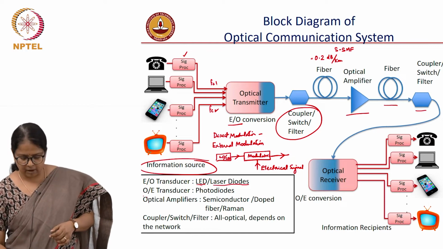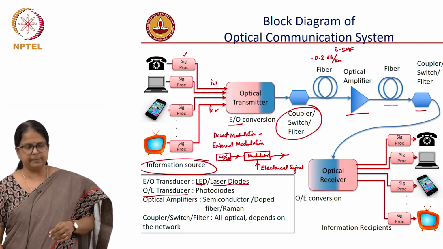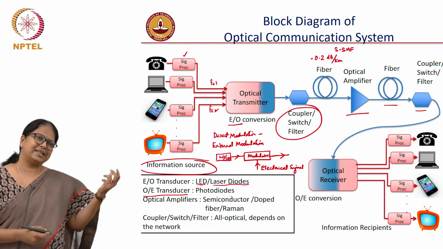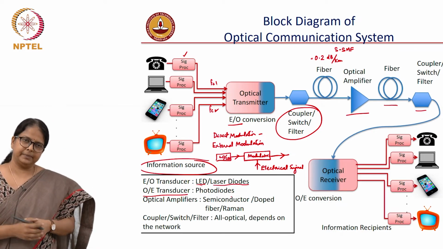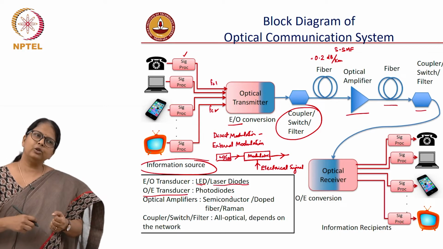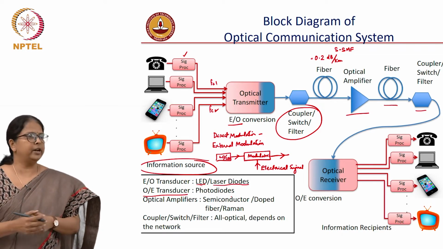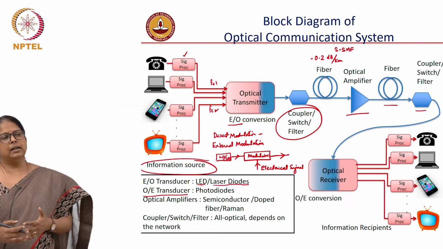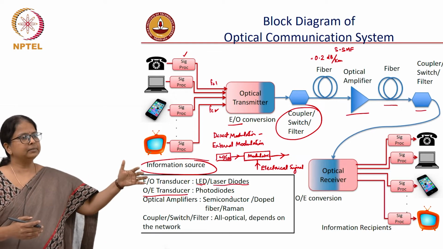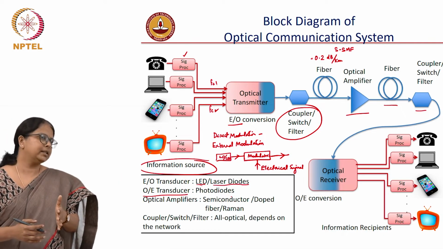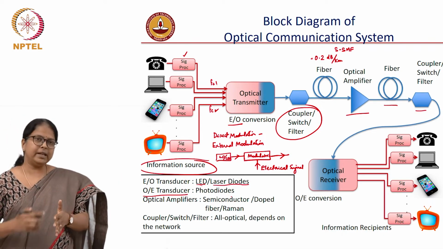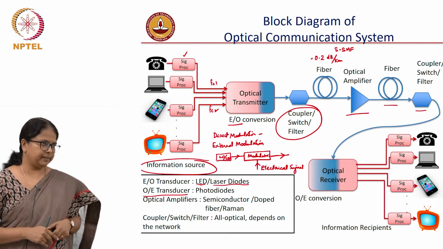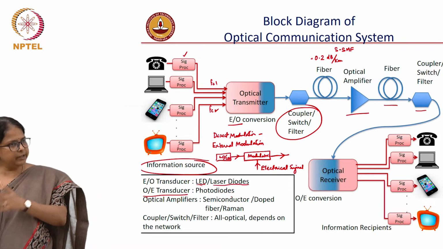Optical to electrical transducers typically are photodiodes, which will sense light and give you a current. But again, to determine phase, a simple photodiode is not sufficient, because a photodiode is sensitive to only the intensity of light. It is not sensitive to the phase of light. So you need to have some modification in the receiver to detect phase, which we will talk about in detail when we do receivers.